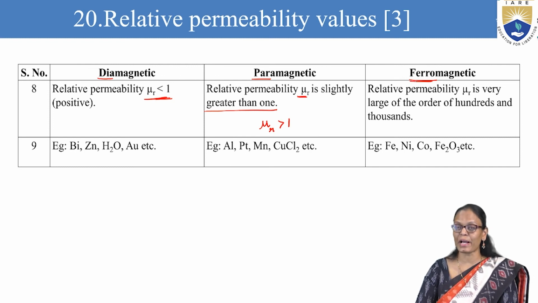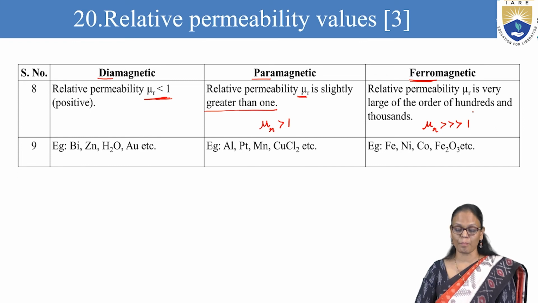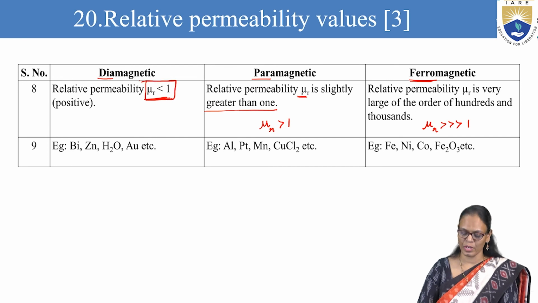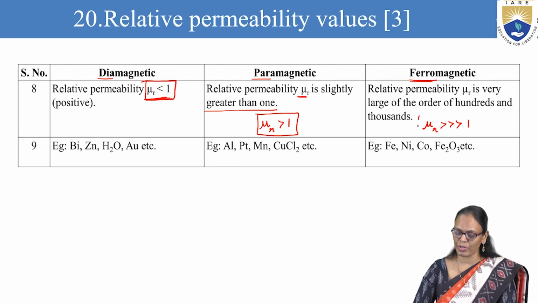For ferromagnetic, mu r is of the order of hundreds and thousands, so I will write much greater than 1. This is a comparison of the relative permeability values: diamagnetic mu r less than 1, paramagnetic mu r greater than 1, and ferromagnetic much greater than 1.